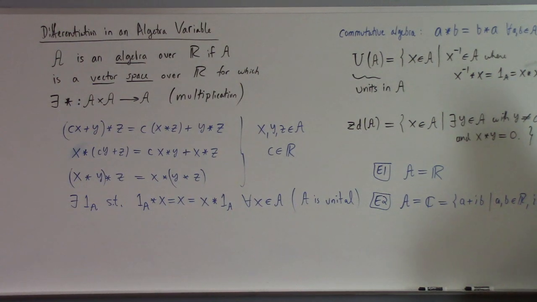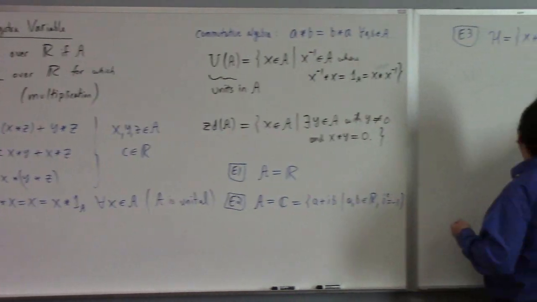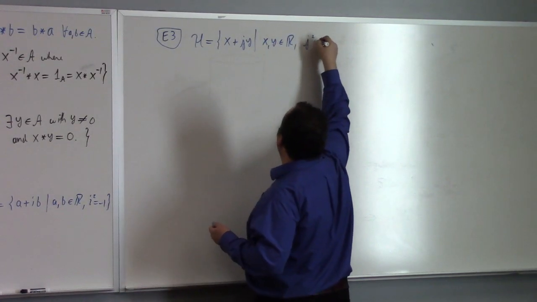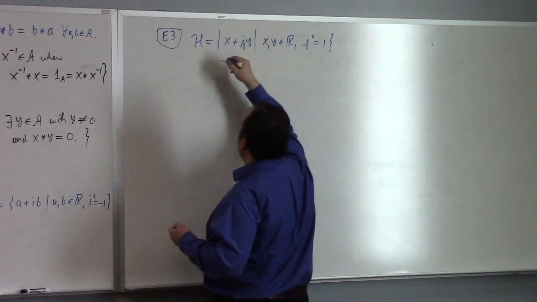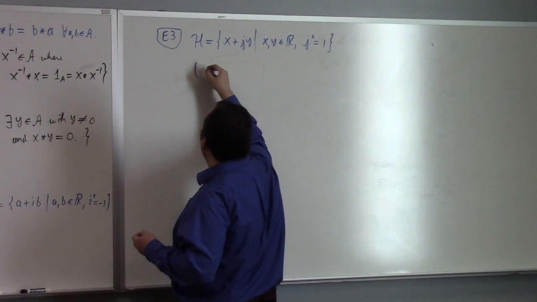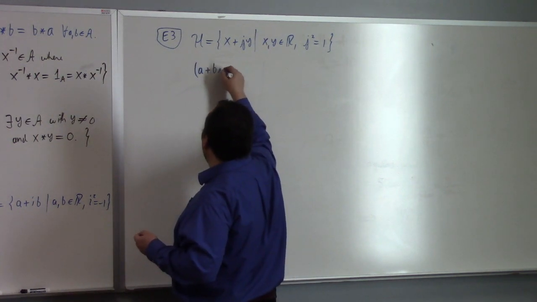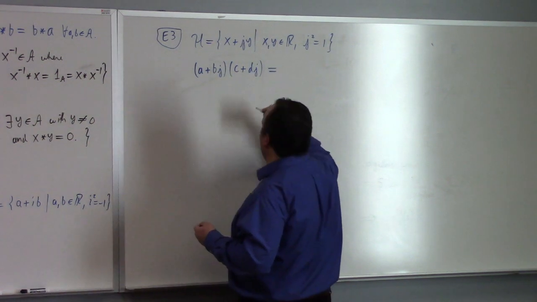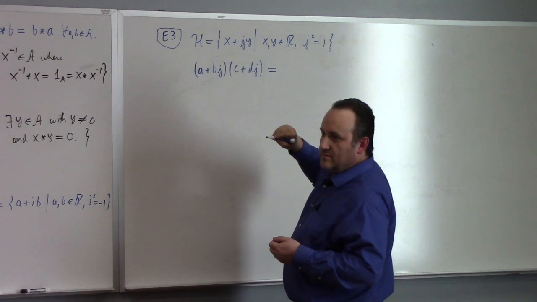Now here's where it starts to get weird. We can talk about hyperbolic numbers that have the form x plus jy such that x and y are real numbers and j squared is equal to 1. I'll write out the multiplication down here for you. If we have a plus bj times c plus dj, what is that symbol?